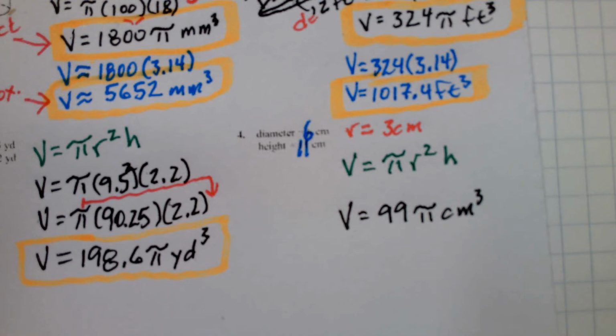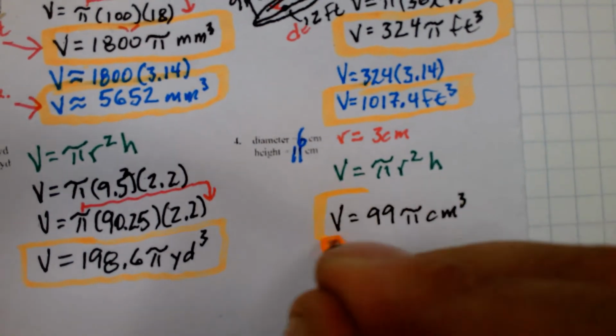Your answer is 99 pi cubic centimeters. So it would be 3 squared, which is 9, times 11, which is 11 times 9 is 99. And it's 99 pi cubic centimeters. Okay.